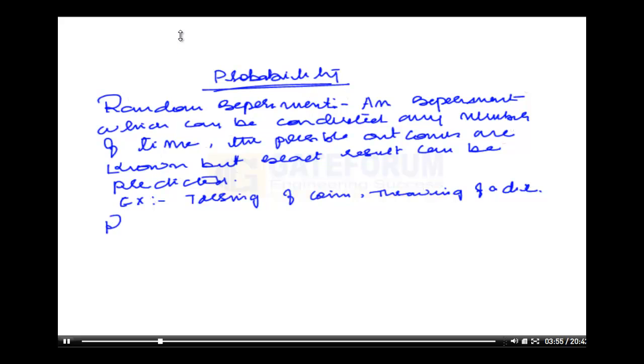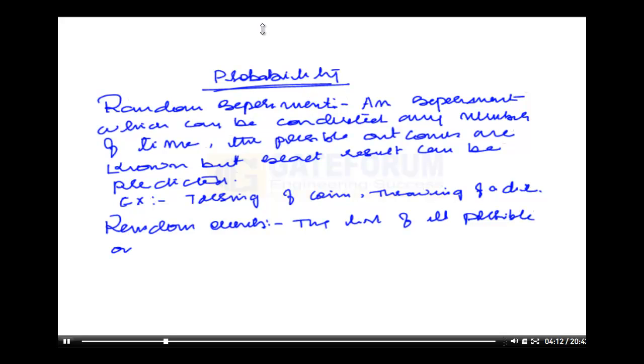Next one, random events. The list of all possible outcomes is called random events.